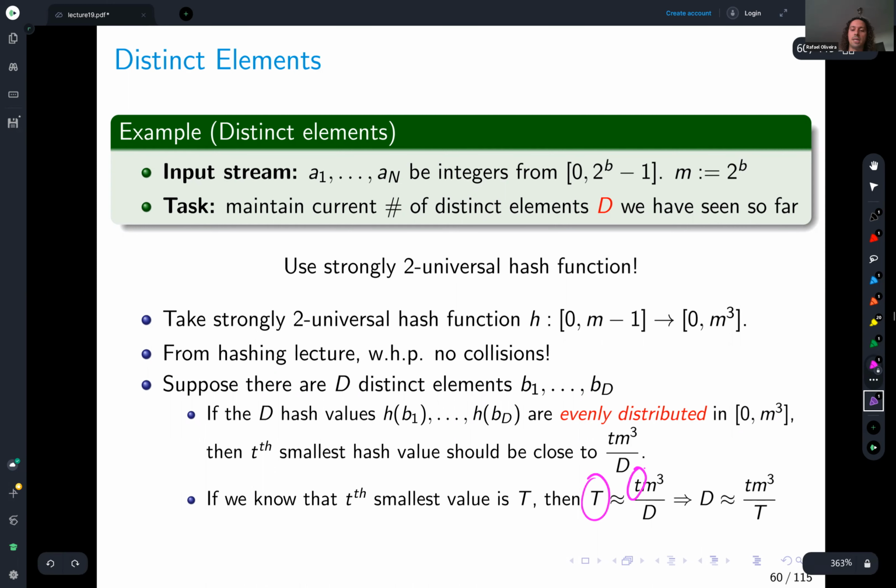Little t is a parameter, so we know little t. M is also a parameter, so we also know M. The only thing we don't know is D, but now we can recover D from little t, M, and T. Does that make sense? So here we recover D.